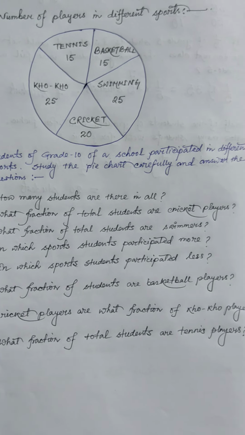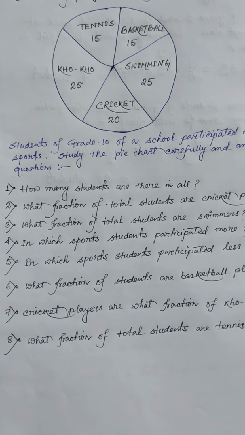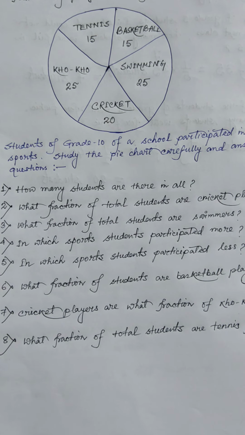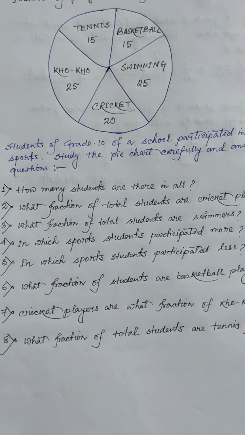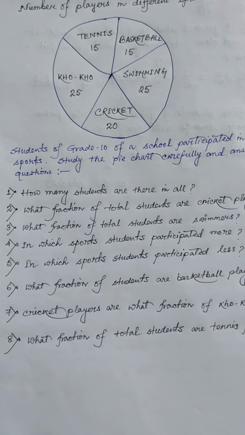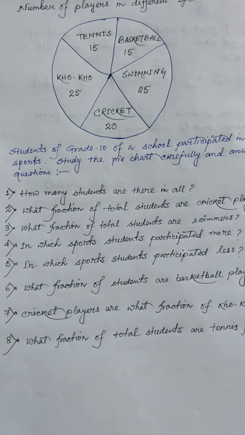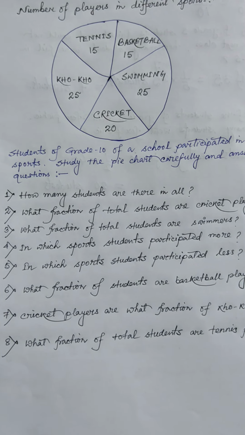Number 2, what fraction of total students are cricket players? Number 3, what fraction of total students are swimmers? Number 4, in which sports students participated more?